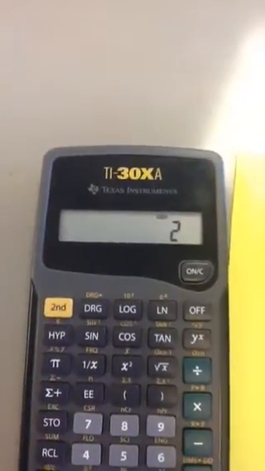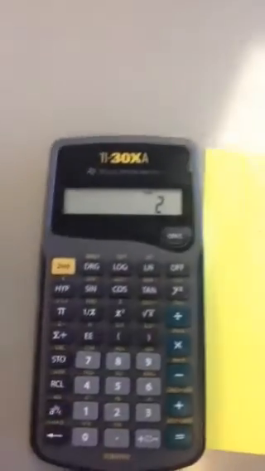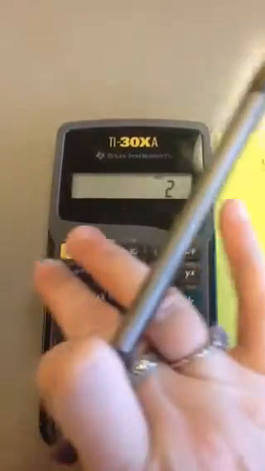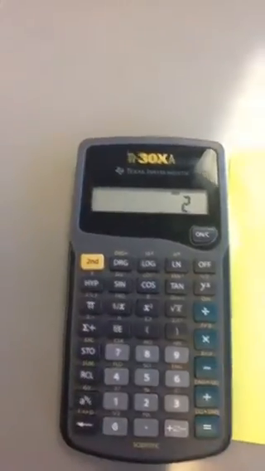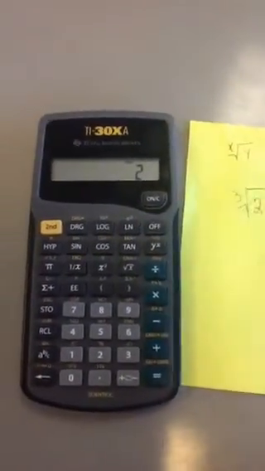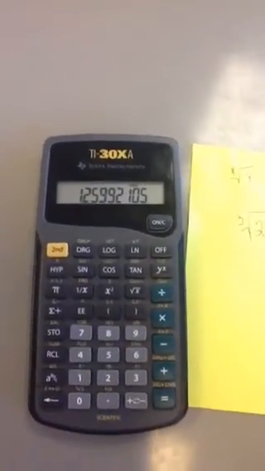It looks like this. And in order to get there, you have to hit second and that Y^X button. And then you would put in your cube root. So you would put in a 3, and then that would tell you your answer.